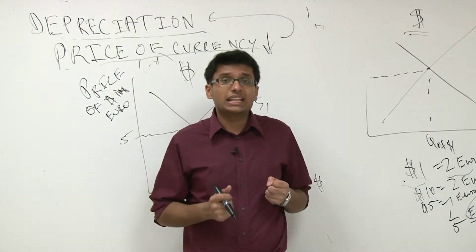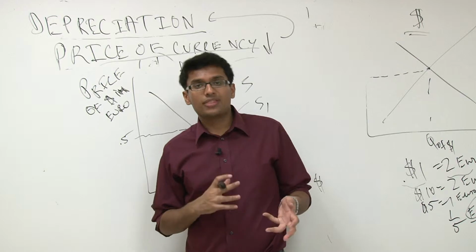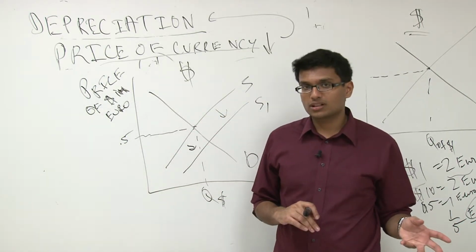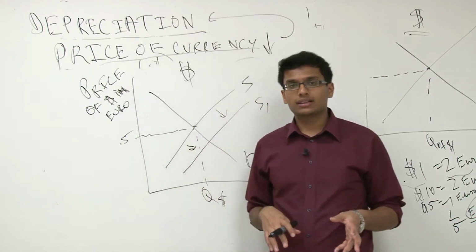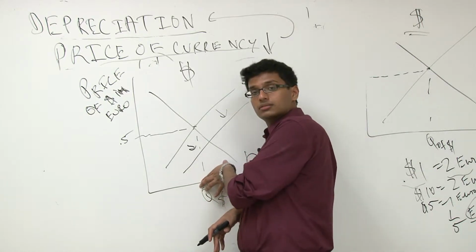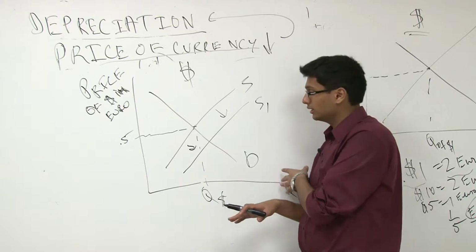They have to take it, and they have to give me euros. And it's going to cost money. So that flow of dollars has gone back into the US economy. It was sitting in my bank account, but now it's back. And that way, what it does in the market is it shifts the supply to the right. When investors get out of a currency, it shifts out to the right.